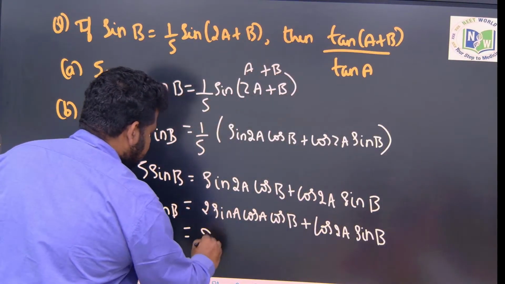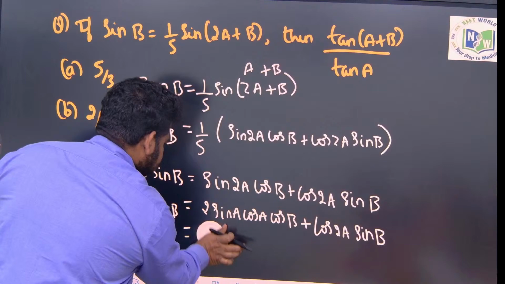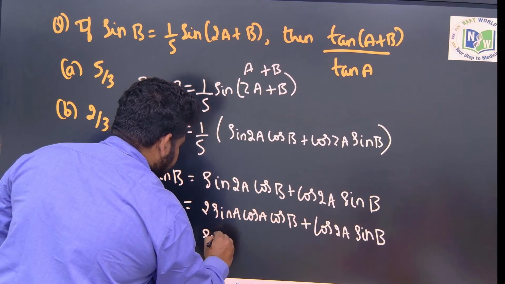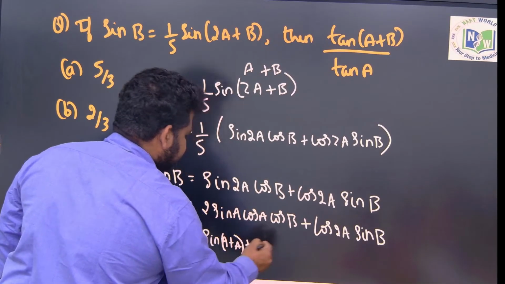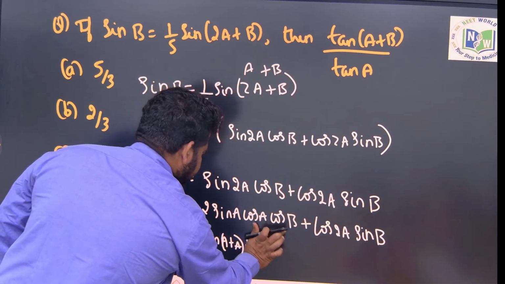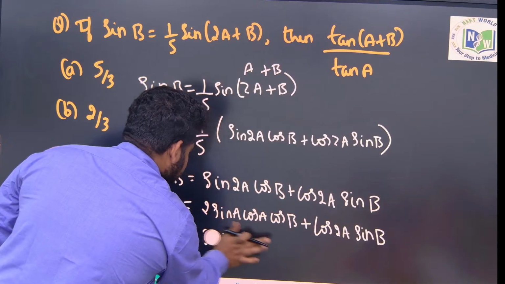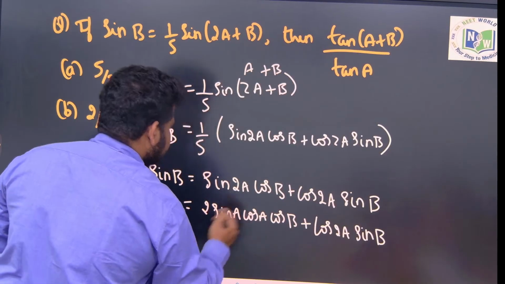This will be equal to, I can write this as, sin of A plus A plus sin of A minus A is 0. Correct? So we will go back to the same thing.